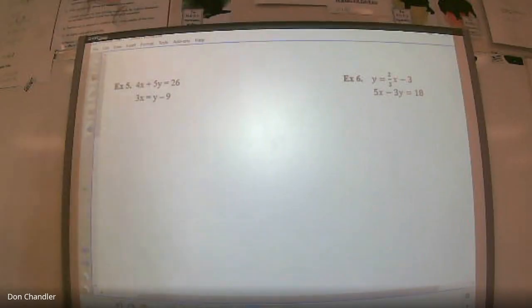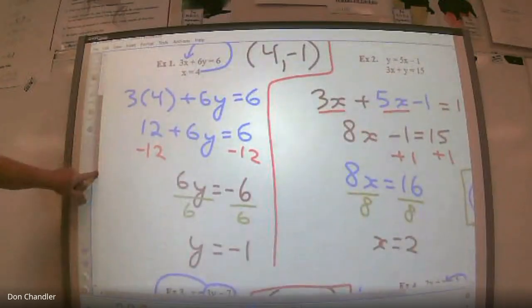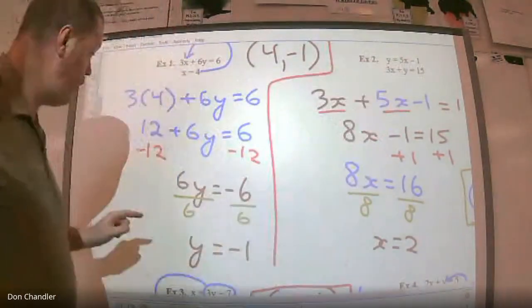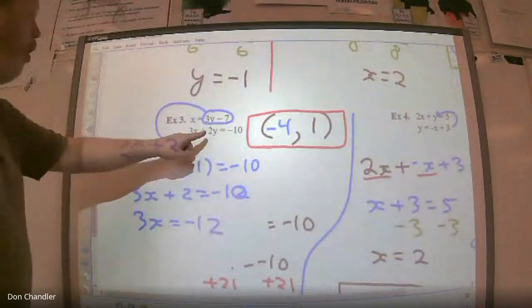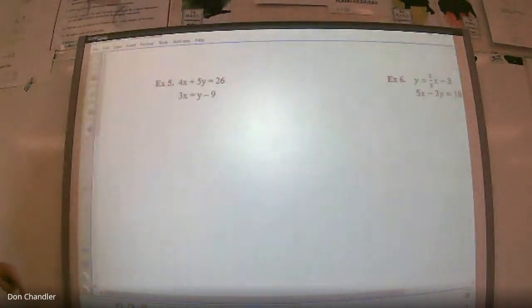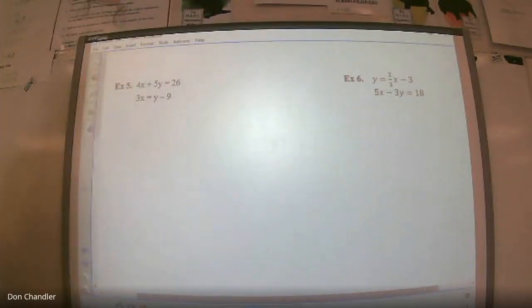Sorry about that, students. Now we get to the actual crux of this question. Notice, unlike the first 4, I haven't isolated a variable for you. The first 4 questions all had somebody isolated off the top. Now you have to do your work.